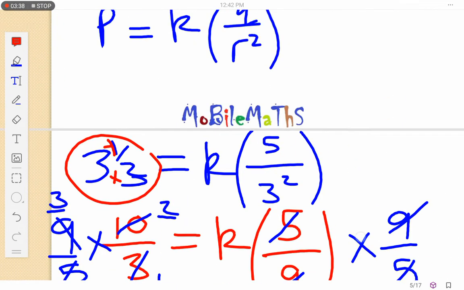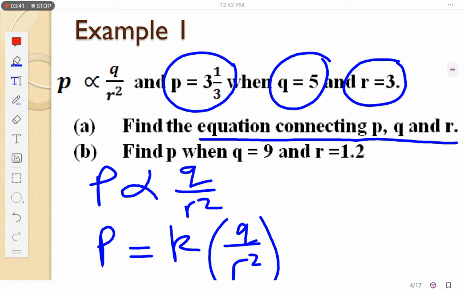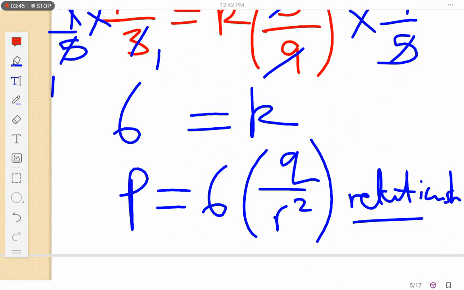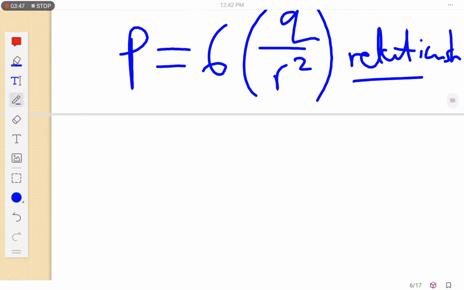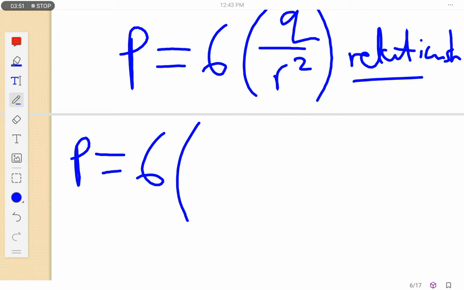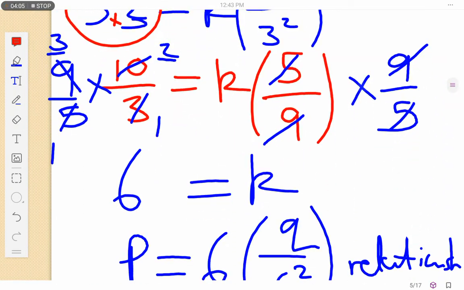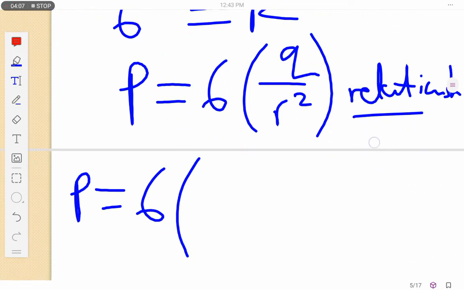The first question is find the value of P when we are given that information. P is equal to 6 by our Q, which is now 9, sorry. Let me check. Our Q is now 9 and our R is 1.2. Okay, fine.